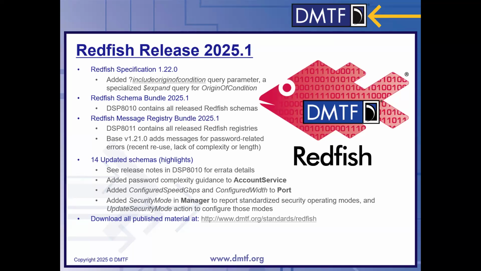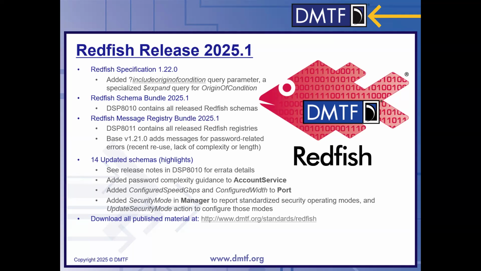So in this release, the bulk of the material is in updated schemas. There are release notes in the bundle that go through all the errata and any other additional property additions, clarifications, and so forth. We will not go into all those details on the webinar, but they are exhaustively documented in the release notes.